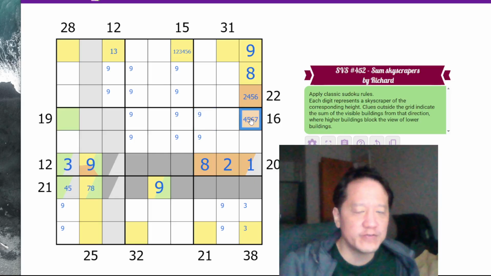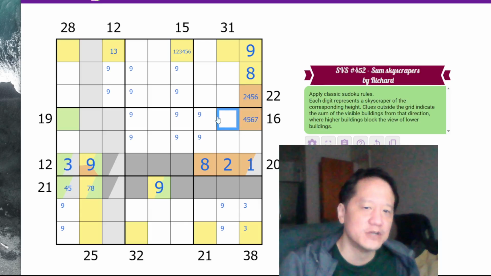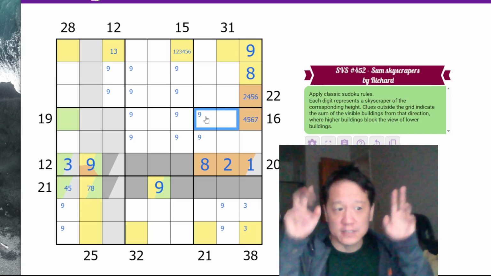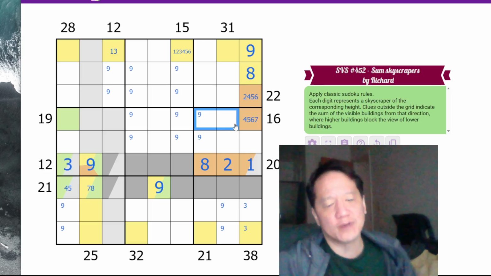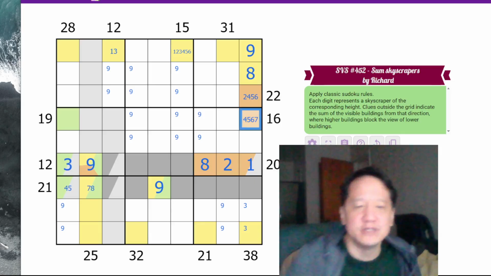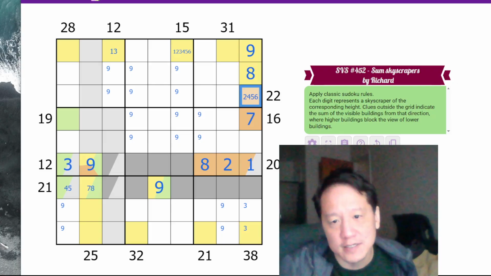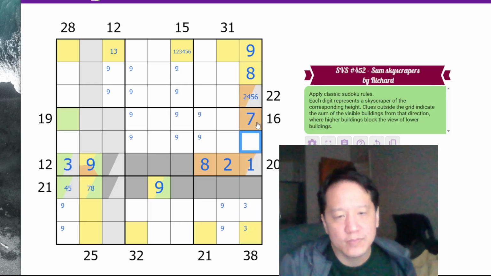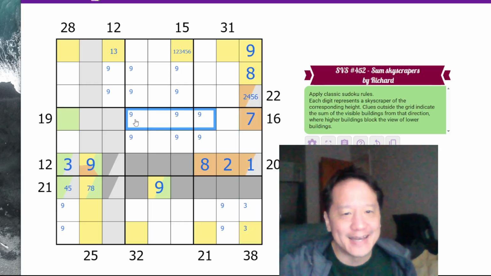If you have 4, 5, or 6 here, that plus a low digit that it sees would add up to 7, but the problem is, obviously, it wouldn't see the lower digit. So then this has to be 7. So this is 7, which means it does not see this digit in the column. This is 7 and 9 that it just sees. It does not see any other ones.